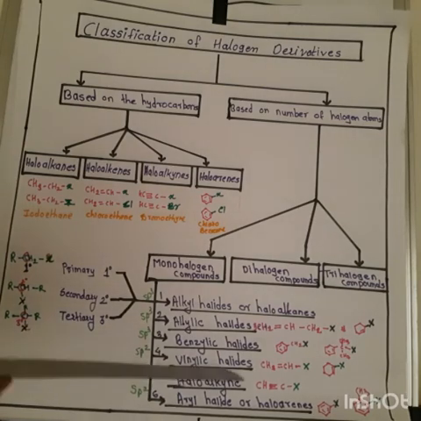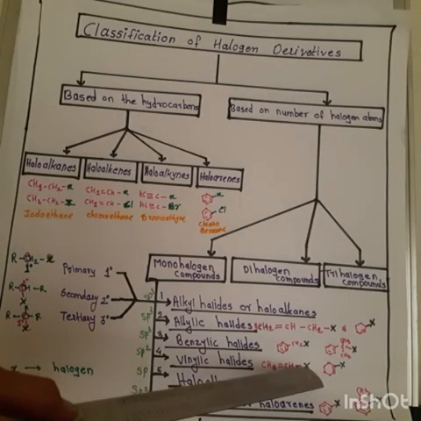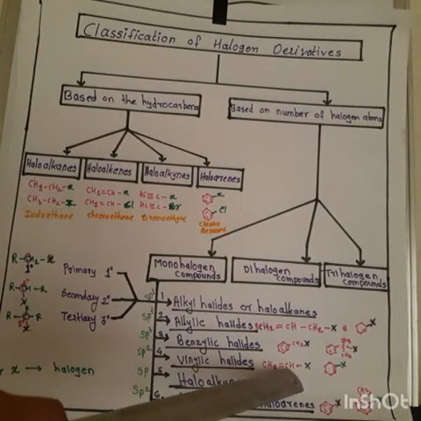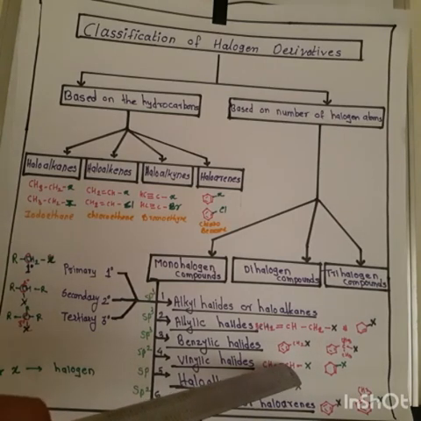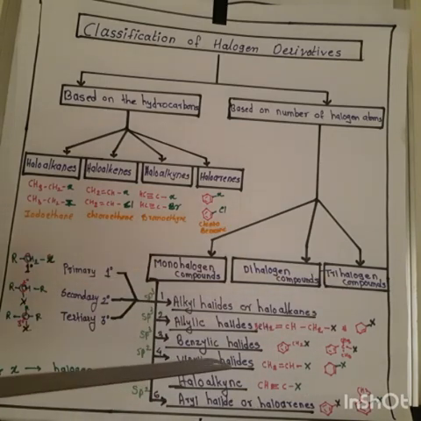Fourth one is vinylic halide. In vinylic halides, the halogen atom is bonded to an sp2 hybridized carbon atom. Such types of compounds are known as vinylic halides. Okay. Next is haloalkyne.